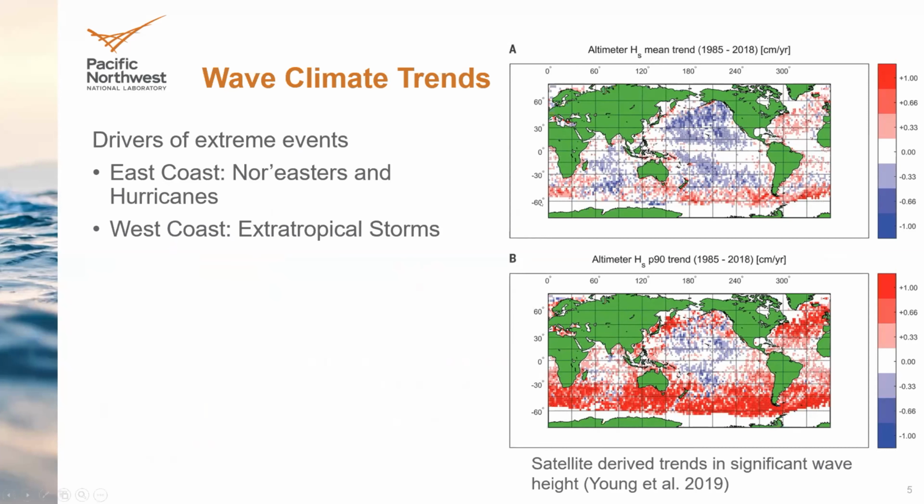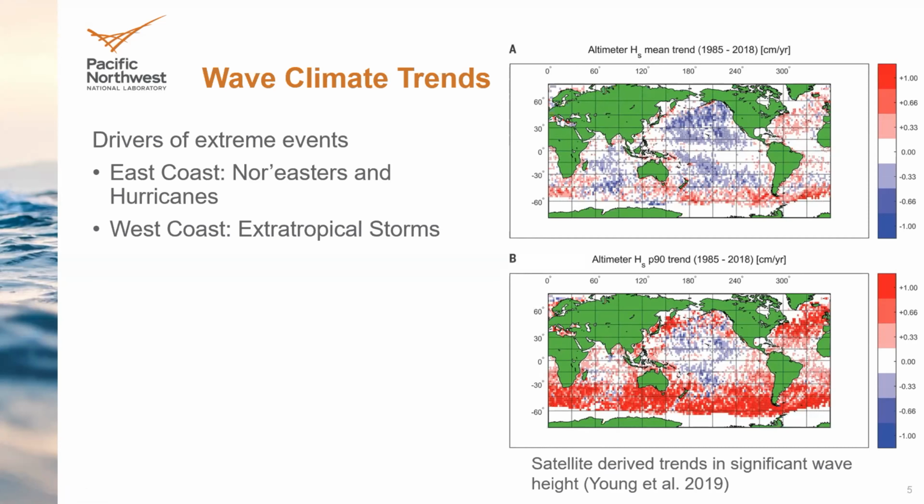On the right side, you have 2 figures. On the top is the mean trend of wave height derived from altimeters. And as Raghu mentioned, the altimeter coverage has been very, very long now, over 30 years. So you can start doing statistics. And the reason I want to include this here is to show you, if you come from the East Coast, what kind of environment you'll be getting into.